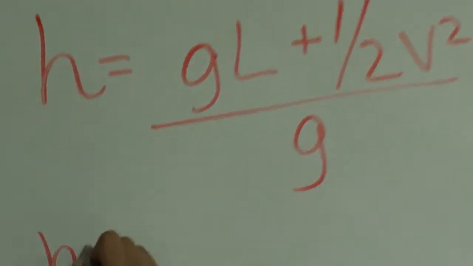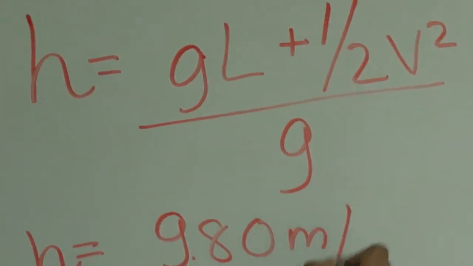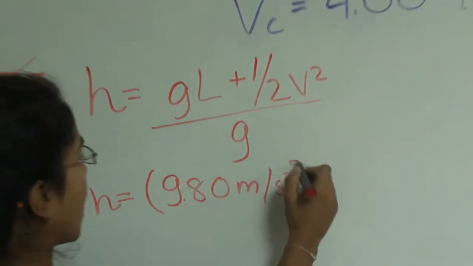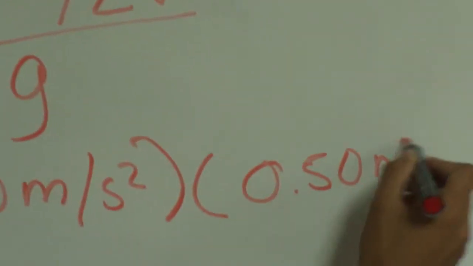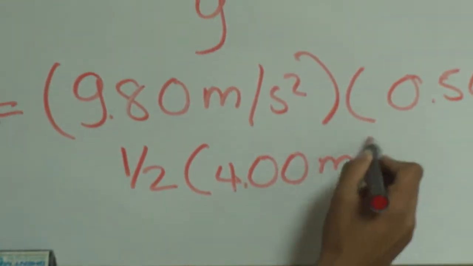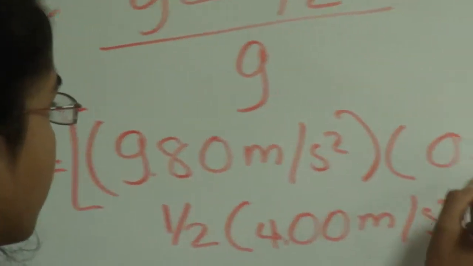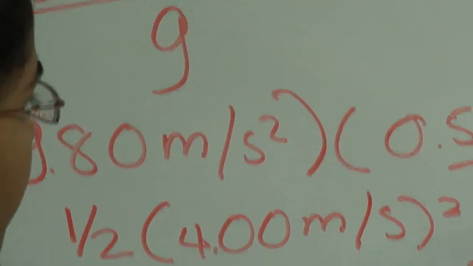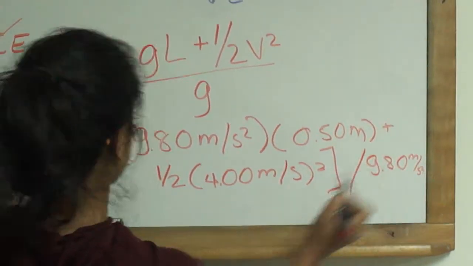And when we plug in, we get h equals 9.80 meters per second squared for gravity times the length of 0.50 meters, plus 1/2 the velocity, 4.00 meters per second, squared, all divided by 9.80 meters per second squared.